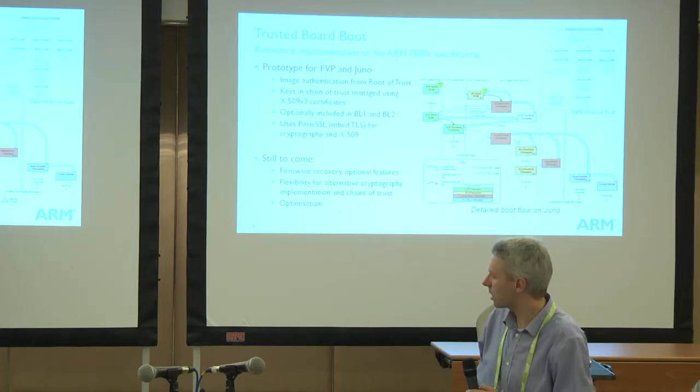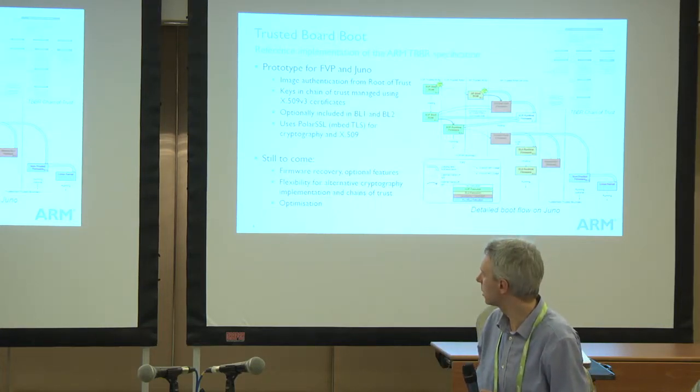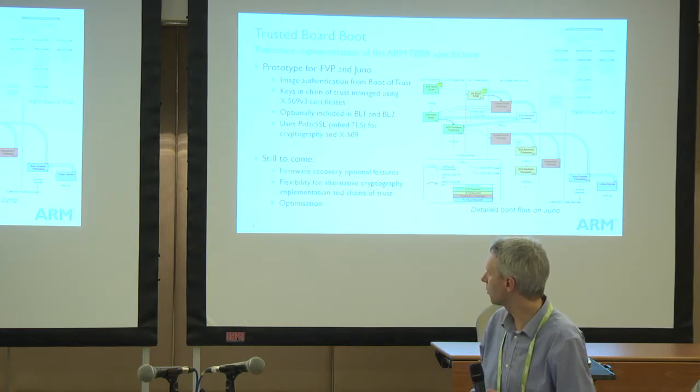So we have a prototype on our models and on JUNO. This authenticates the images as part of the boot flow from the root of trust.